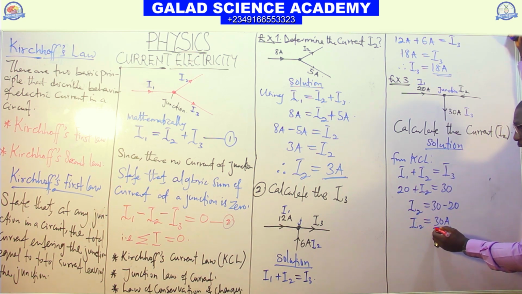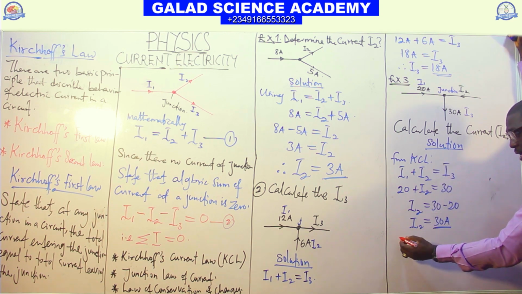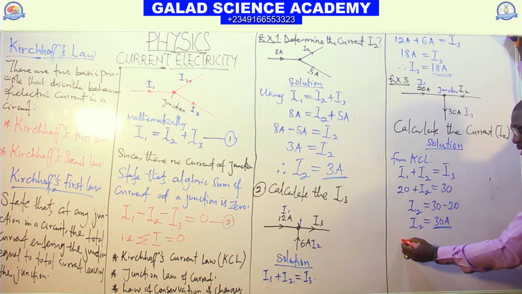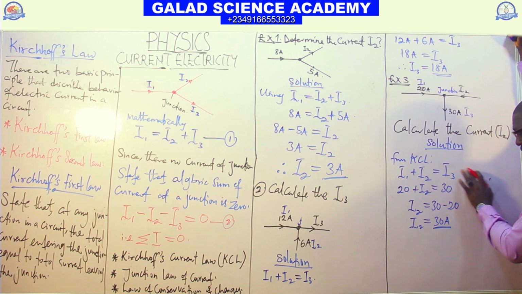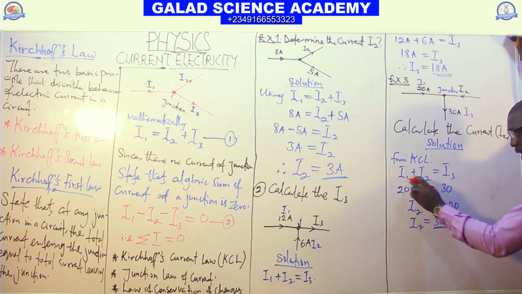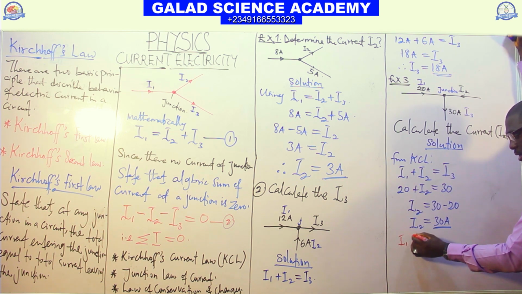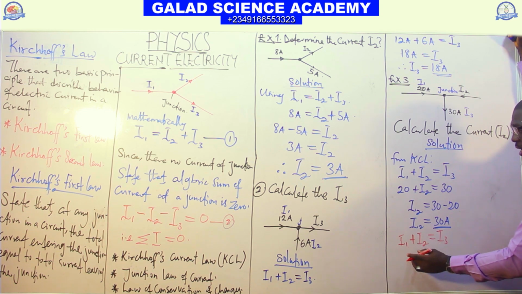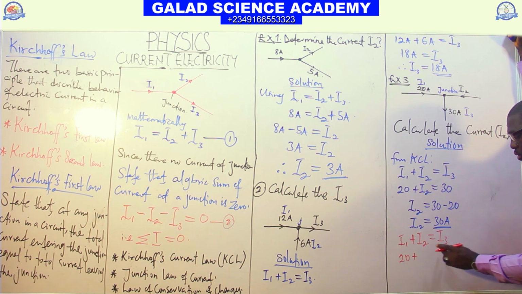What is our I1? 20. From this expression, I1 plus I2 equal to I3. I1 is 20. I2 is 30 minus 20, so I2 is 10.